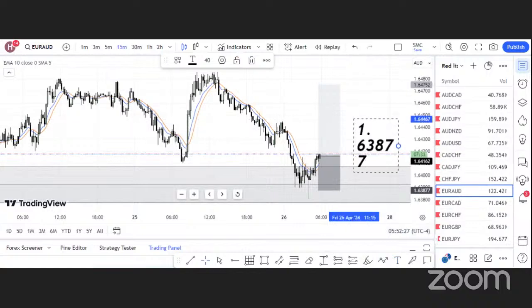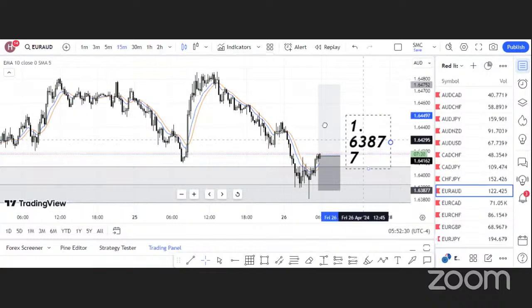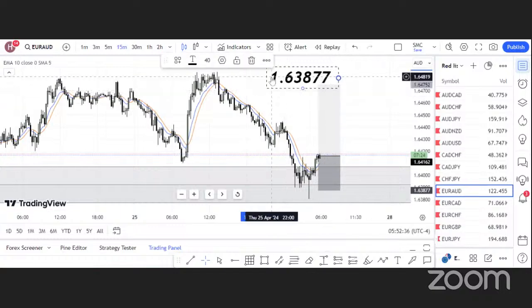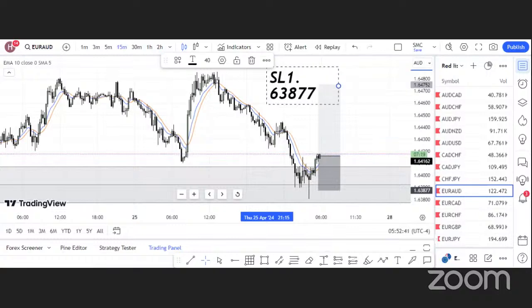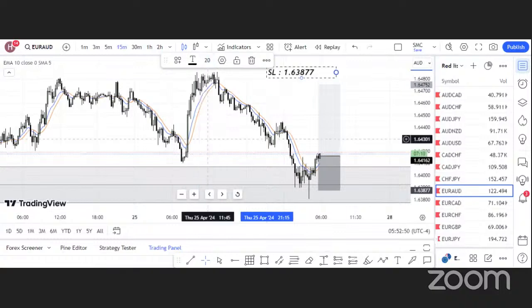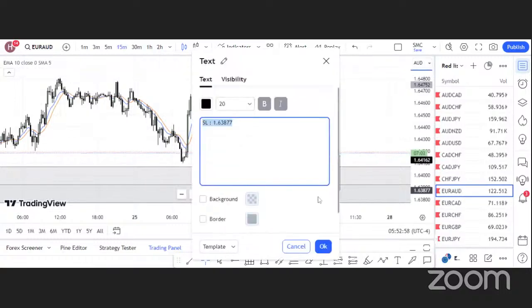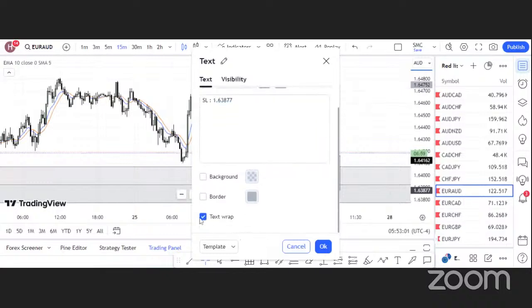So I'm going to be putting out the stop loss and the take profit for this trade. Then we have the TP.